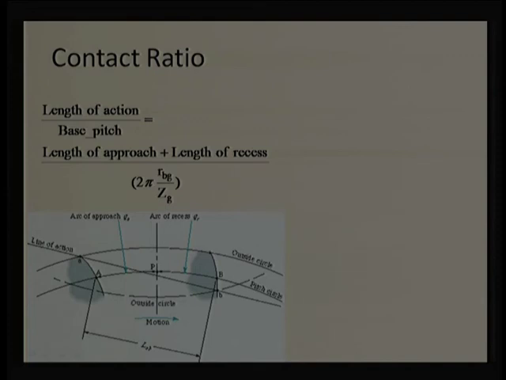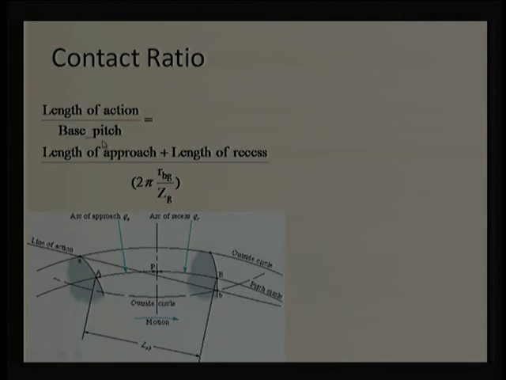The curve we have shown here is in polar coordinates, and we can transform it to rectilinear coordinates. Effectively, if this curve is developed into a straight line, that gives me the length of action, divided by the base pitch.